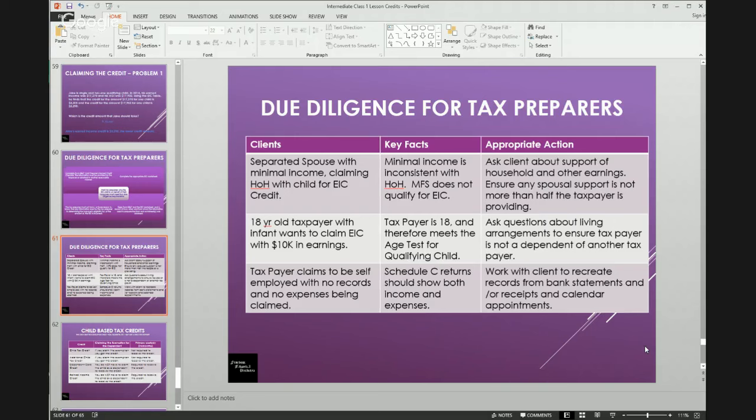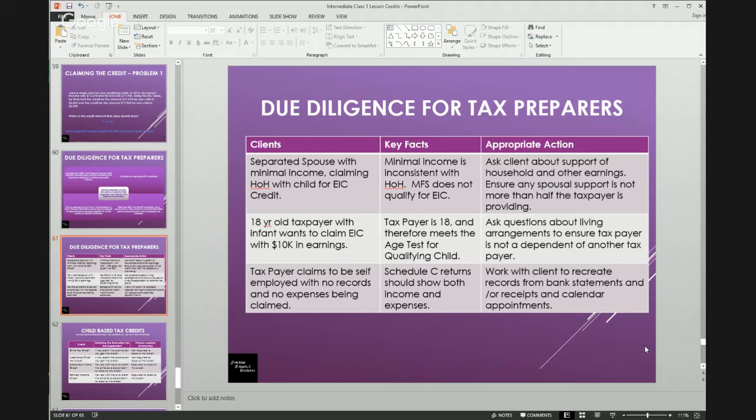Next client, 18-year-old, has an infant, wants to claim the earned income credit, and has a total of $10,000 in earnings. The taxpayer is 18 and therefore would meet the age test for the qualifying child for the person we're doing the taxes for. So if that 18-year-old is actually a qualifying child, they would not be able to claim their infant for the purposes of earned income credit.